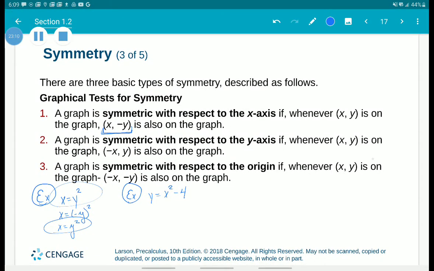So what this is saying is that if I pick an (x, y) ordered pair, then (-x, y) is also going to be on the graph. So we could just make that substitution in here to show it algebraically. We would substitute in negative x and y, and you see how we're going to get the same thing as what we started with.